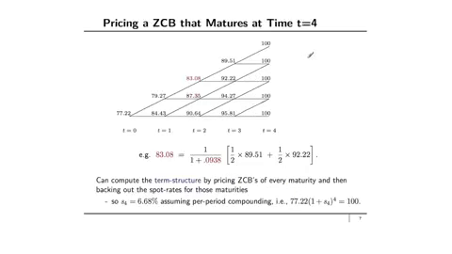So the first thing we're going to do is see how to price a zero coupon bond that matures at time t equal to 4. If we want to do that, we're going to use our risk neutral pricing. Our risk neutral pricing result, if you recall, states that ZT over BT is equal to the expected value, conditional on time t information, of ZT plus 1 over BT plus 1.